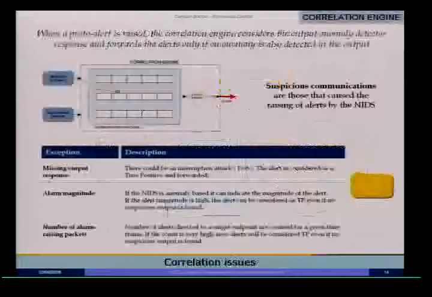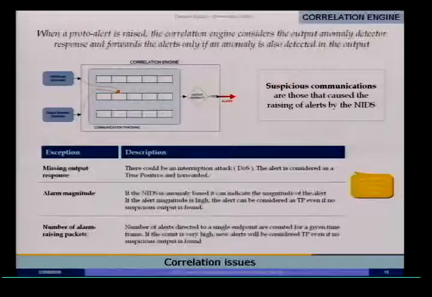Let's now have a closer look at what's really happening inside. The correlation engine receives the proto alert from the intrusion detection system monitoring the input, and it starts to track the connection. Right now we are talking about TCP data flows, because we could consider UDP or ICMP, but nowadays almost all the traffic on the internet that we are interested in protecting goes over TCP.